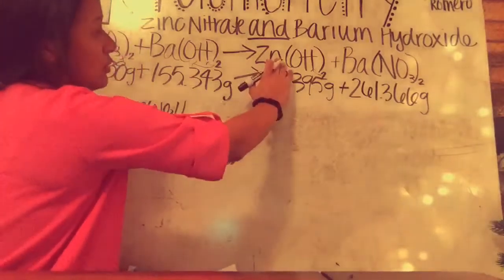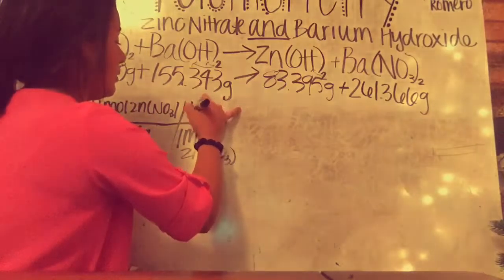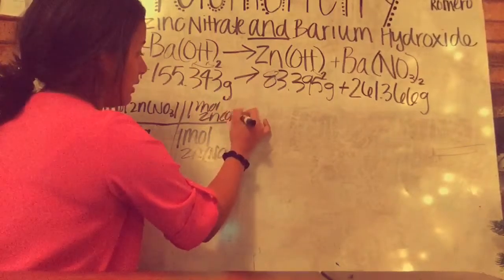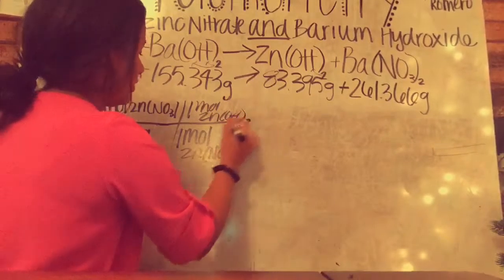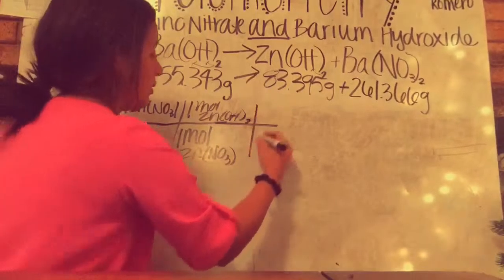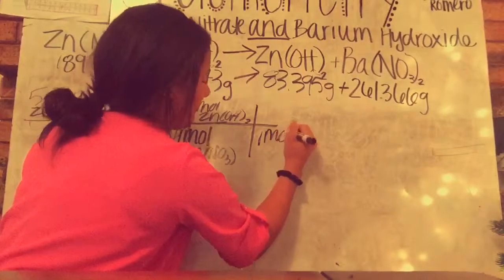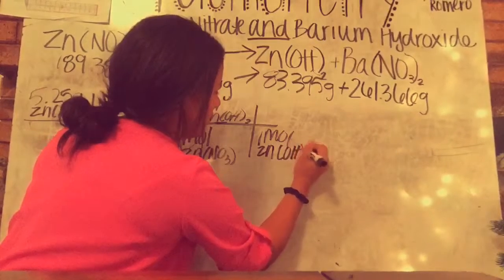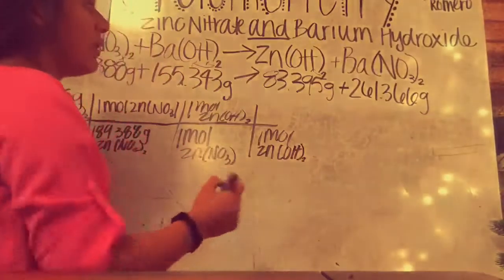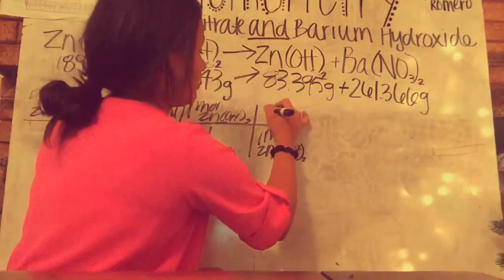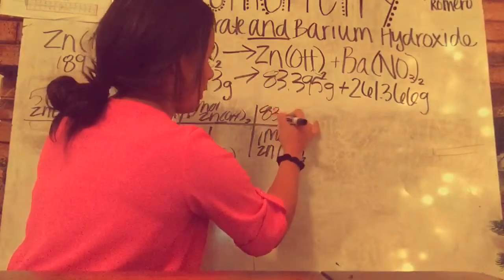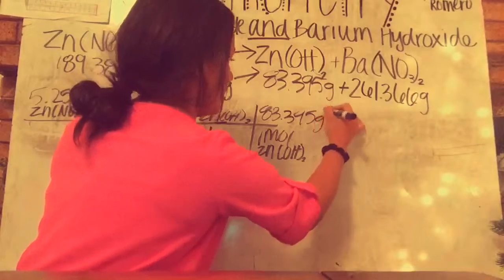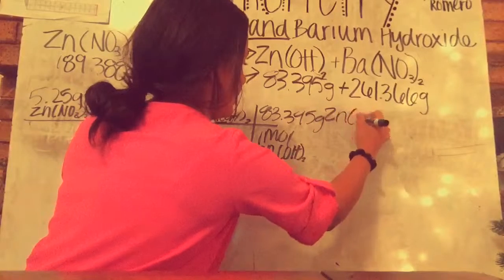And then, since we're going to zinc hydroxide, we are going to put 1 mole of zinc hydroxide. And that's always going to be equivalent to 1 mole of, again, zinc hydroxide. And then we are going to put the atomic mass of zinc hydroxide once again, 83.395 grams of zinc hydroxide.